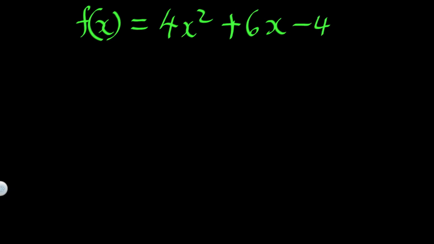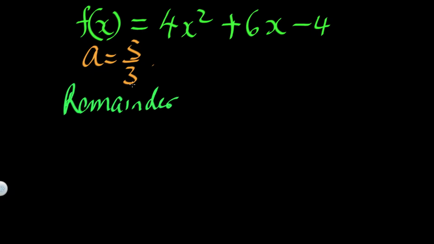This is our f of x, and we agreed that our A is 5 over 3. We know that our remainder is f of A. So the remainder here is f of A according to the remainder theorem.